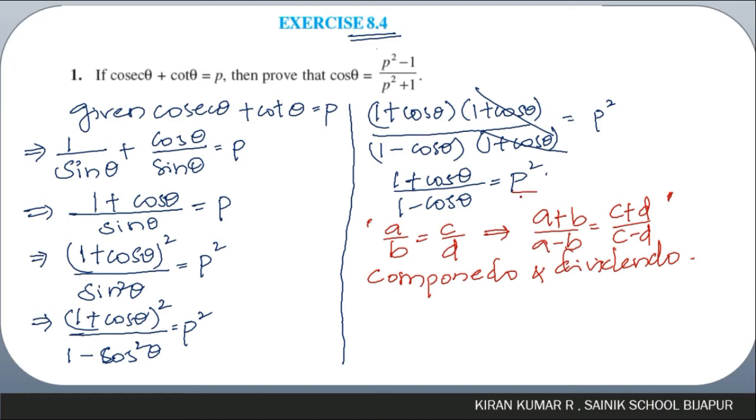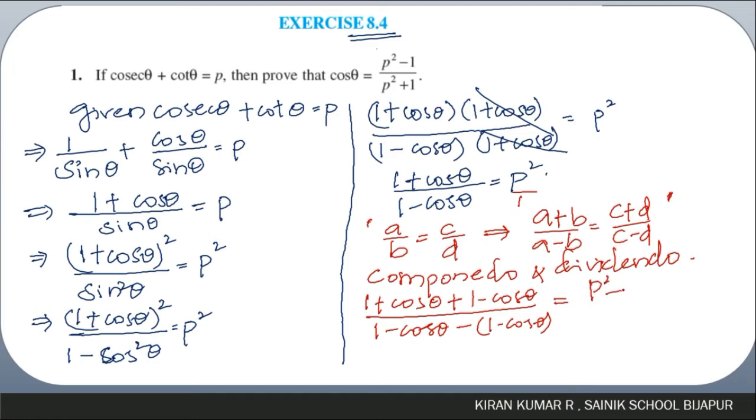Here p square is nothing but p square upon 1. So by using the componendo dividendo property, I'll write it as 1 plus cos theta added to 1 minus cos theta divided by 1 plus cos theta subtracted by 1 minus cos theta. I have added the denominator to the numerator and subtracted the denominator from the numerator.